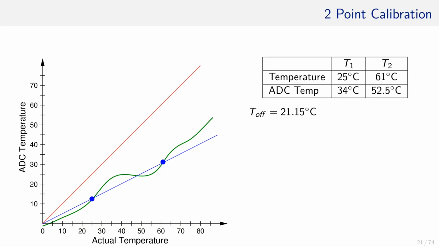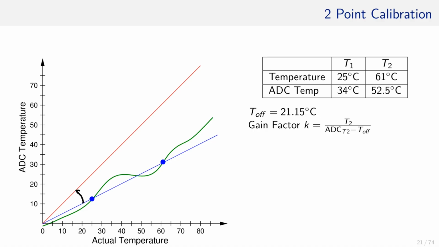But oh no, we made the error even worse. Hence, a second step. Apart from shifting the blue line around, we can also rotate it. And that is what we do in the second step. We want to rotate the blue line in such a way that it matches the red line.